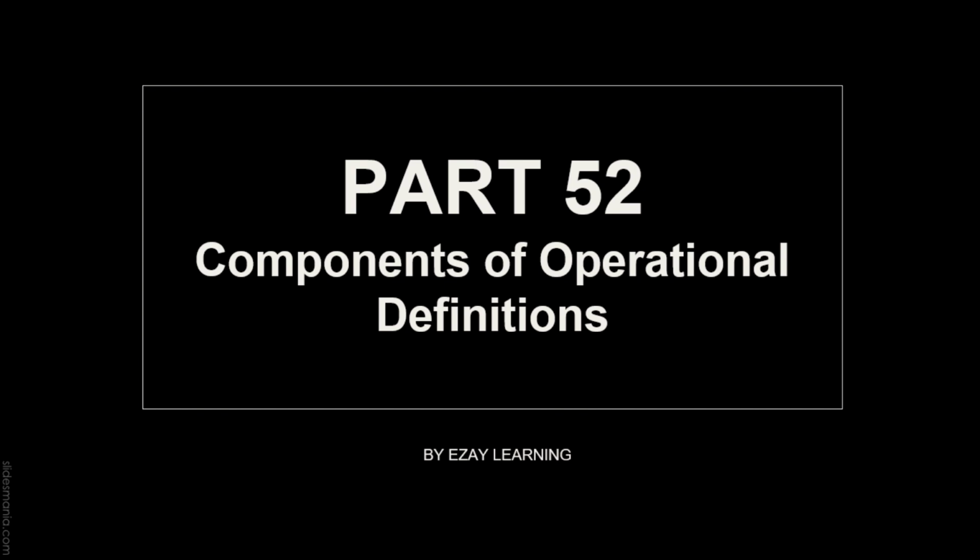Operational definitions are basically the definitions through which we will be explaining the behaviors and any other thing, any skill, any requirement, any target behavior. Operational definitions are supposed to be written in a way that even if someone has not seen the behavior and they are simply reading the operational definition, they can imagine exactly how the behavior occurred.